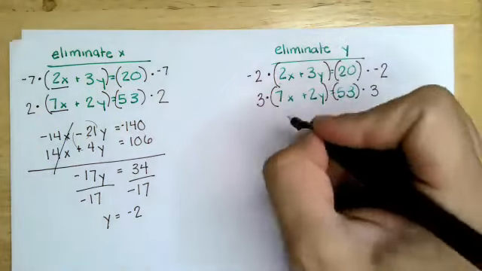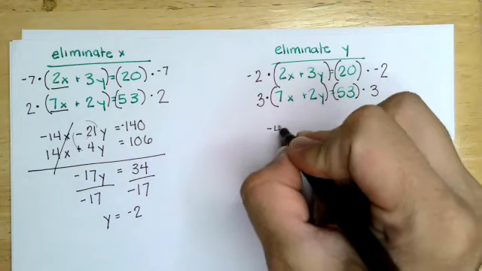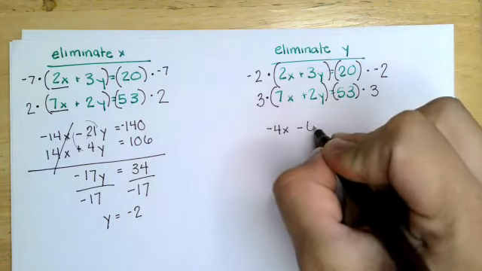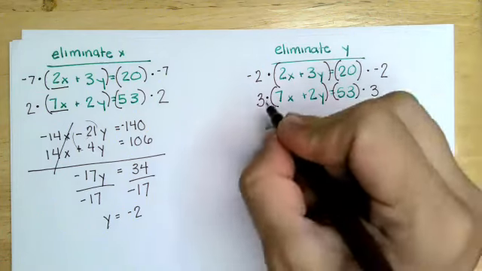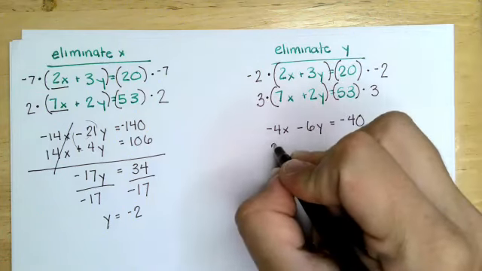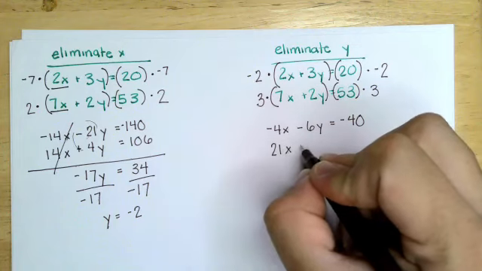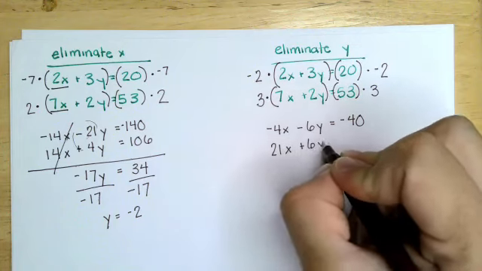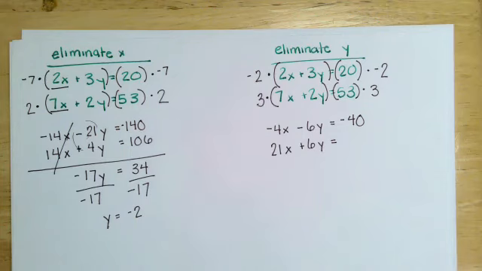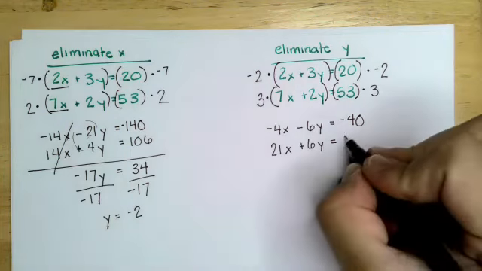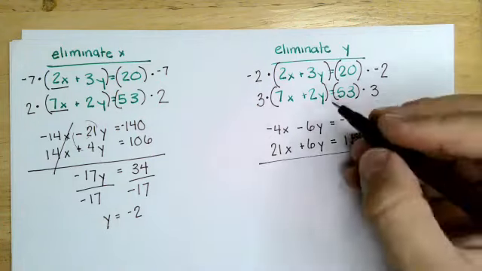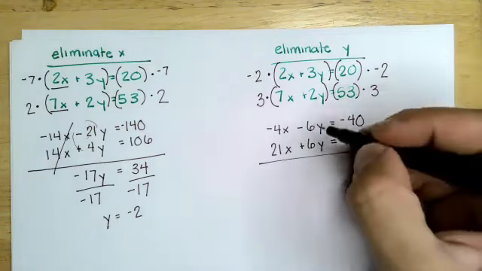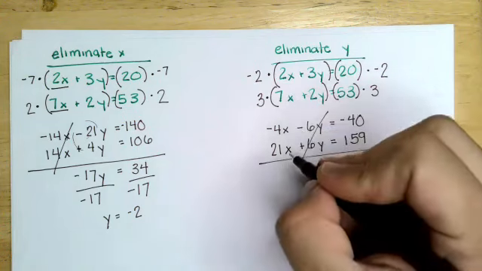Okay, so now I have negative 4x minus 6y equals negative 40. 3 times 7 is 21, right? 21x plus 6y equals 53 times 3 is 159.